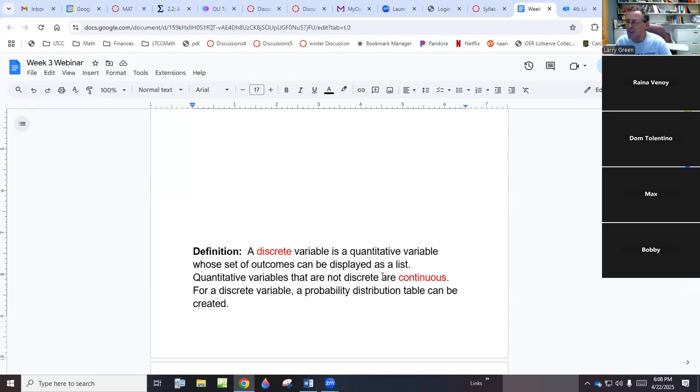How tall are you exactly is not a discrete variable. That's a continuous variable. For example, I am 5.7354321 dot dot dot. There's just no way you can list all the possible heights. Does that make sense?